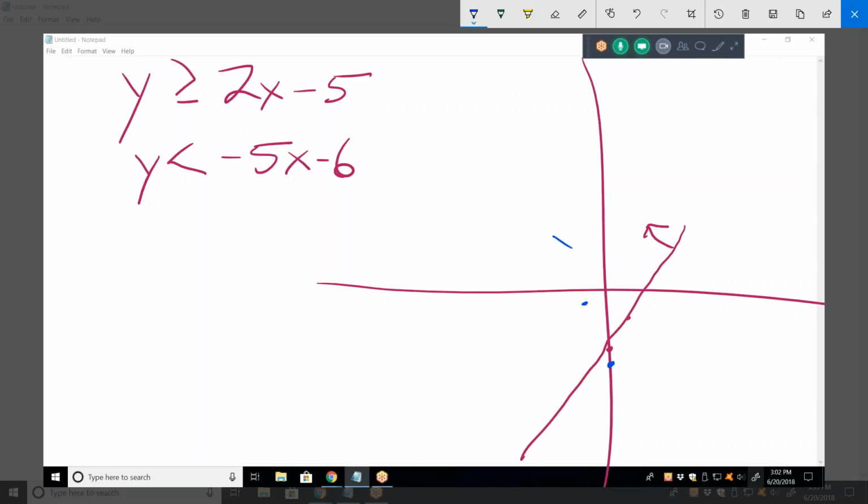Hold on a second. The pen is acting up. Actually, I think I just had my pad oriented wrong. Which side? It's going to be below it.